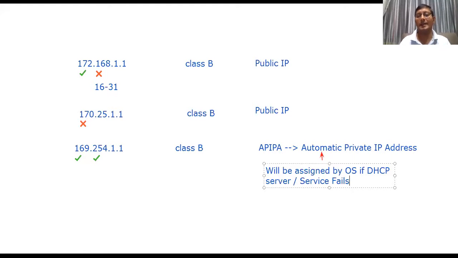Whenever you assign an IP address manually, you won't get this IP address. But whenever you get this IP address, that means there is a DHCP server in your network, and it might have failed. Only then will you get this IP.